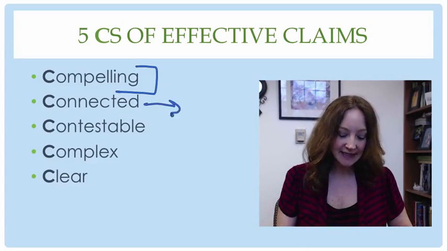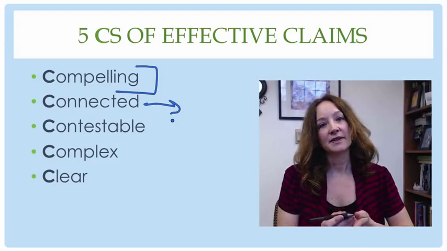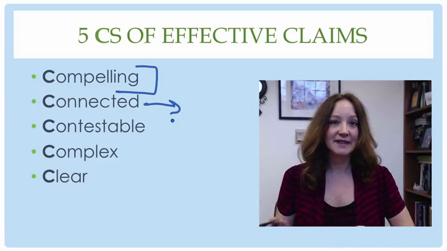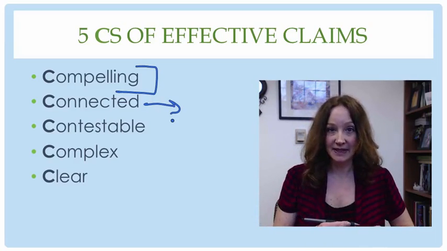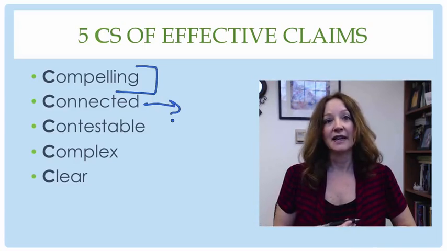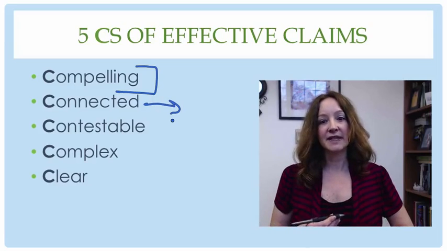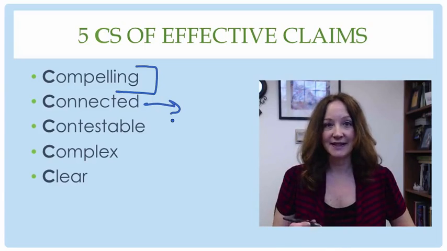Secondly, is it connected? And connected means, in the way I'm using it, is it connected to the work of others? Have you researched what else has been written about this, what the other part of the conversation has been, and how you're situating your own work within that scholarly conversation? And is it also connected to the actual occasion for writing? If someone has asked you to write about a particular thing, then are you actually writing about that thing?